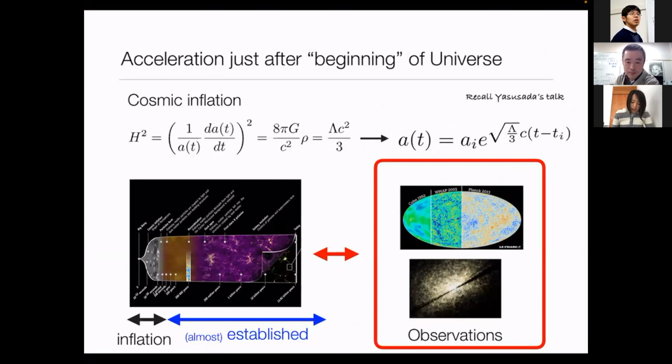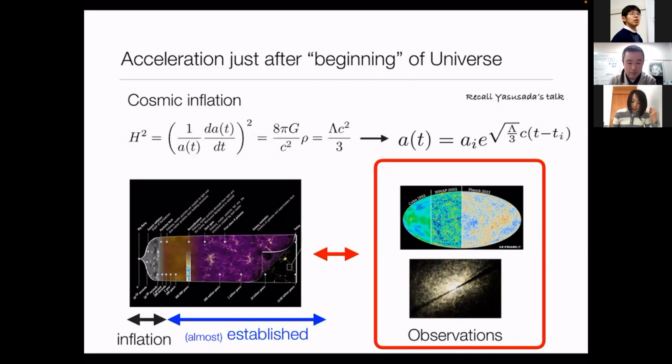Apart from the very beginning of the history of the universe, we more or less know the standard history of the universe. But we don't know yet how it started. A lot of observations suggest that there was an accelerated epoch called cosmic inflation.